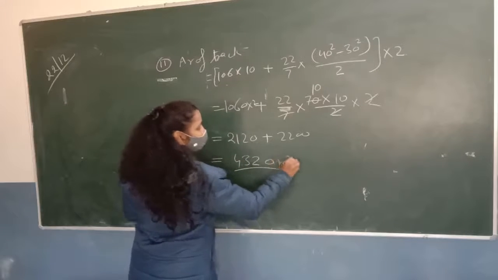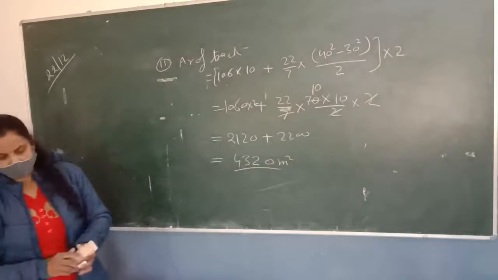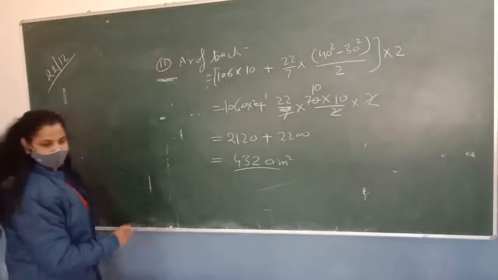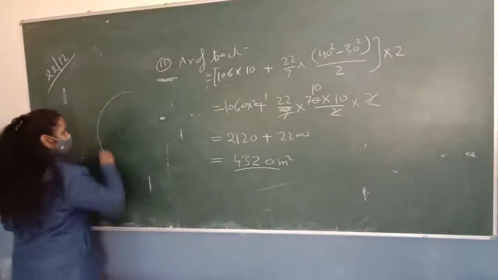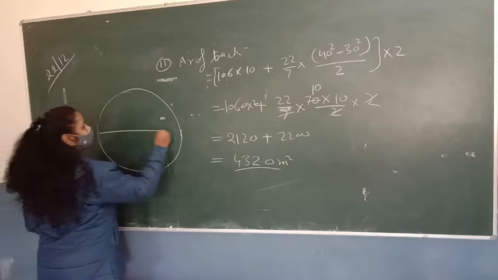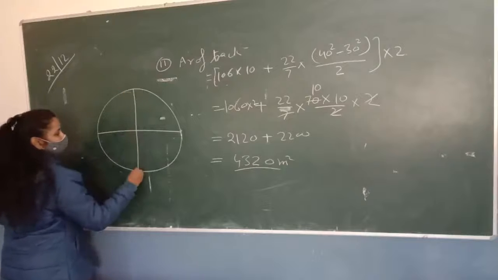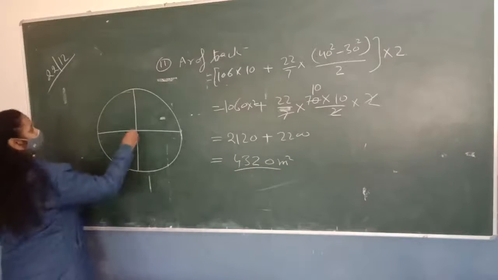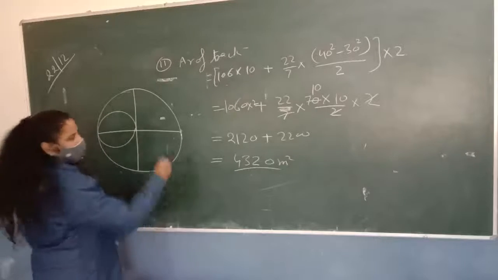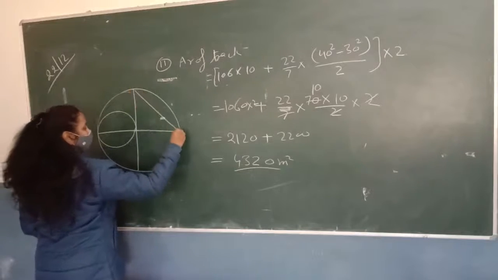Now okay, now the question number 10. Okay, sorry, 9. This is a circle. These are two diameters. Again a circle and this one.